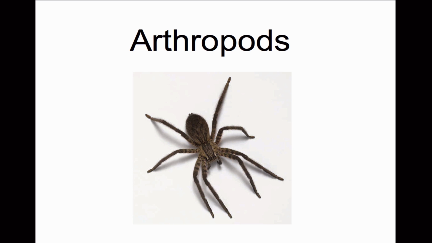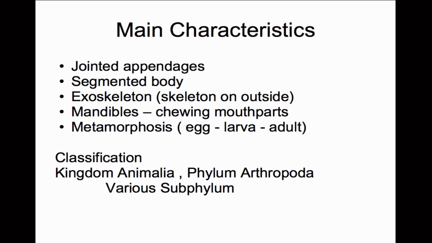All right, we're going to move on to arthropods, and this is a vast phylum of animals. There are an incredible amount of different animals and diversity within this phylum. But their main characteristics that they share is that they have jointed appendages. So appendages would be kind of what we would consider arms or legs.